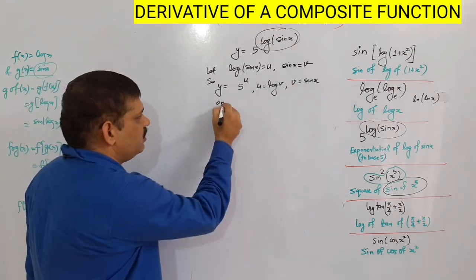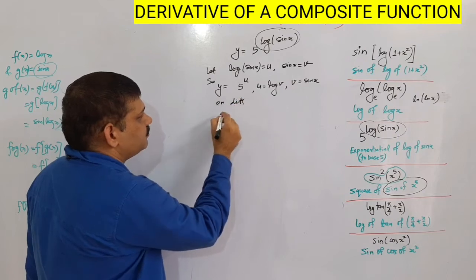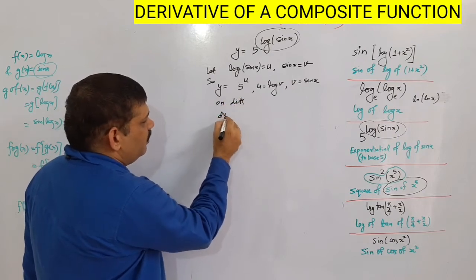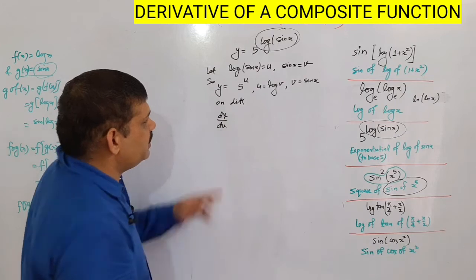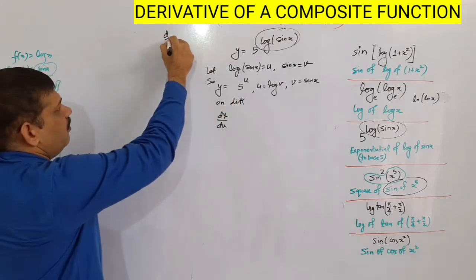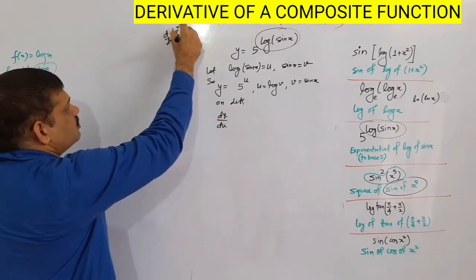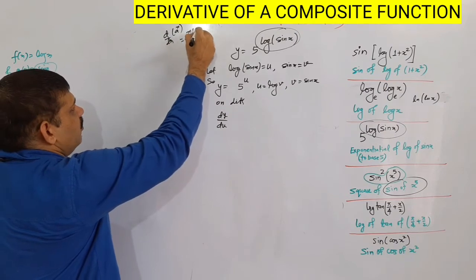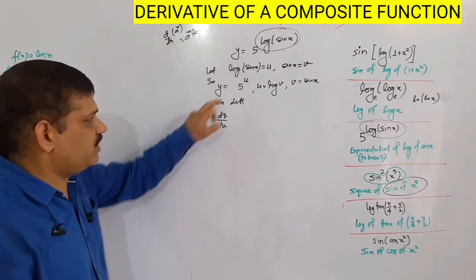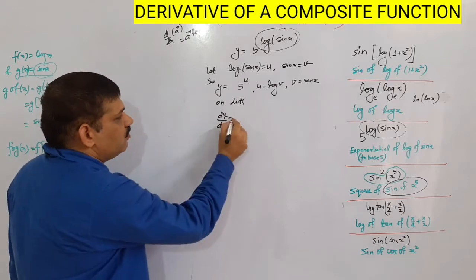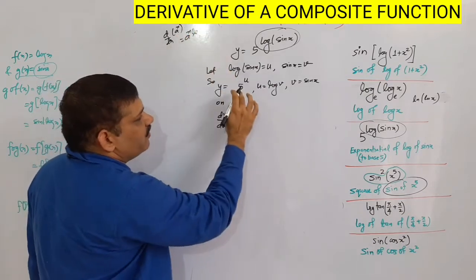So on differentiating, dy by du, a raised to x, the derivative of a raised to x is a raised to x log of that constant, log of a, constant raised to variable. So here constant raised to variable multiplied by log of that constant.